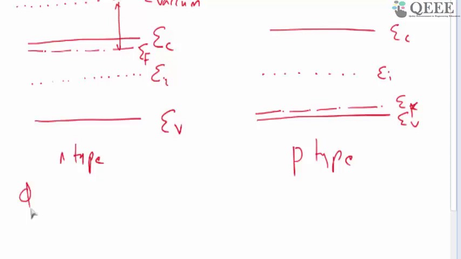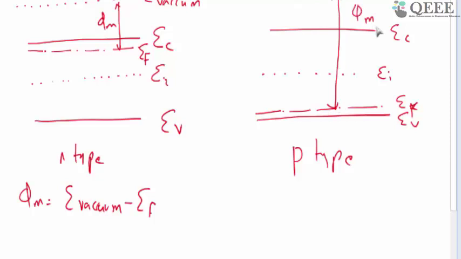You call this parameter the work function, that is, E vacuum minus EF. You need to give this amount of energy to eject an electron from the n-type material, and similarly, with this vacuum level, this is your work function for a p-type material.